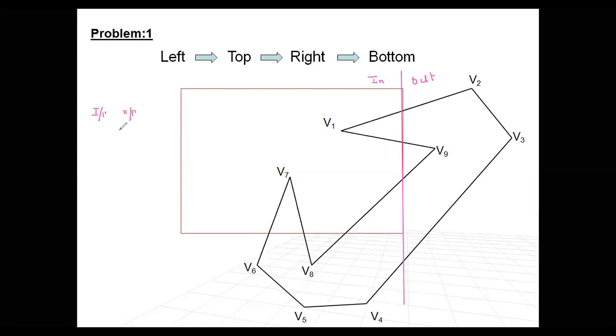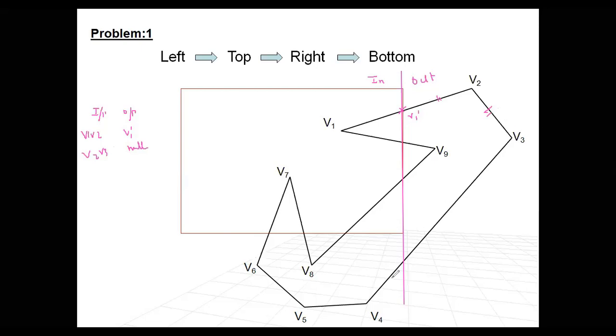Let's say we are moving from V1 to V2, we are moving from inside to outside, so only V1 dash will be saved, and this will be clipped. Now when we move from V2 to V3, both are outside, so nothing will be saved, this will be clipped.